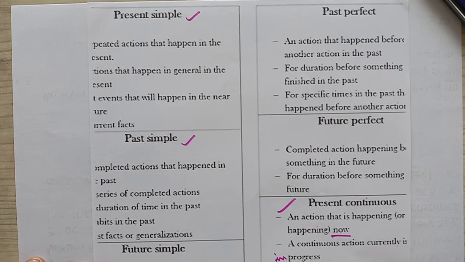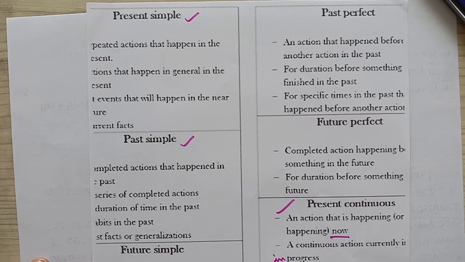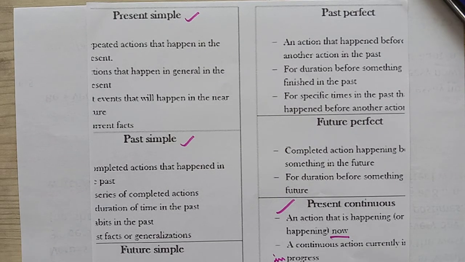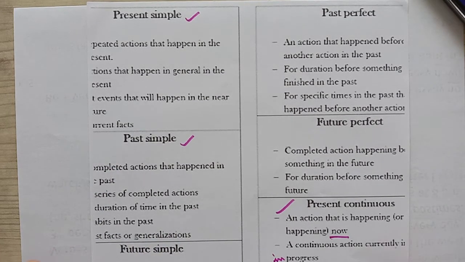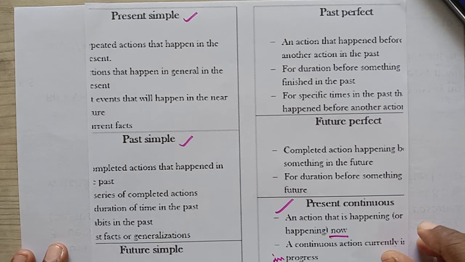Present perfect continuous is used for an action that began in the past and is still continuing at the time of speaking. For example, we can say we have been learning English for the past 10 years.